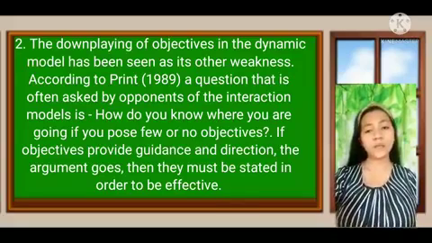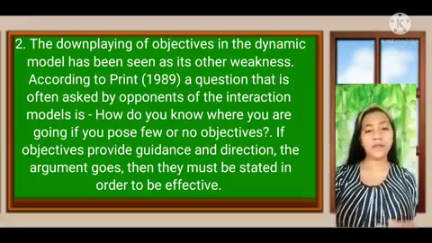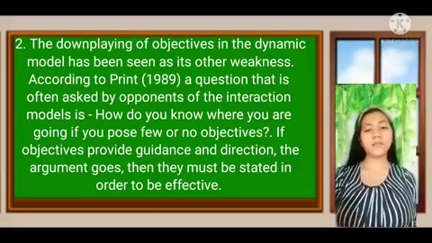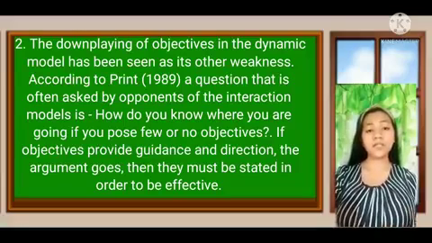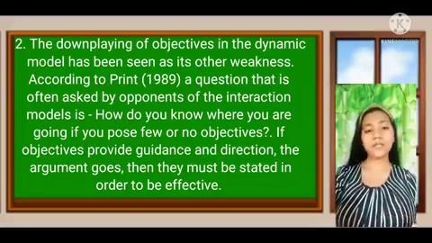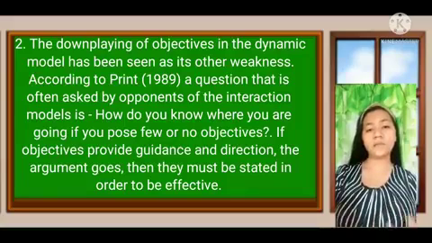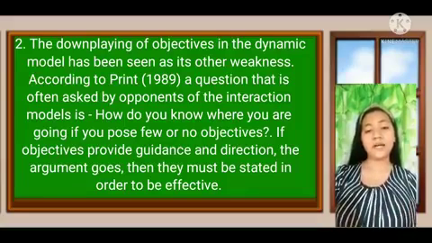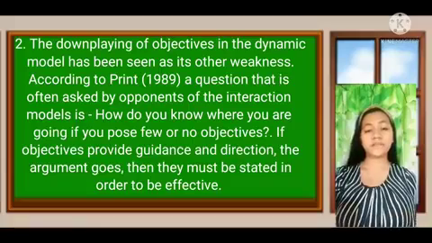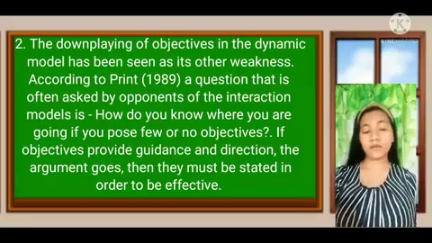If objectives provide guidance and direction, the argument goes, then they must be stated in order to be effective. Brady of 1990 points out the possible danger of not stating objectives: they may simply be accommodated to the content specification and thereby be decorative or contrived as an afterthought.